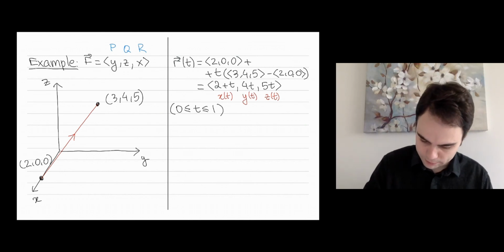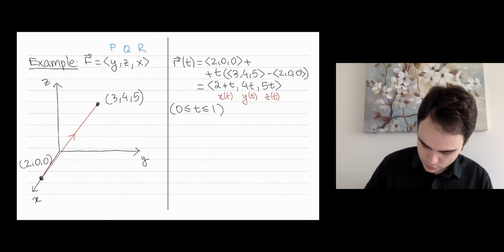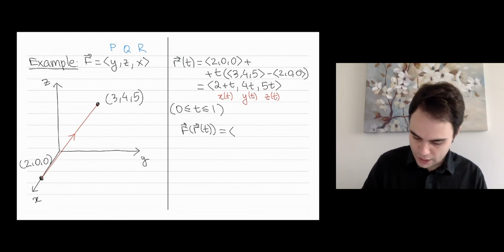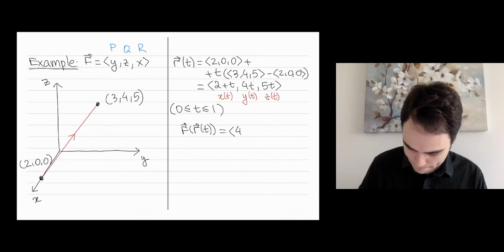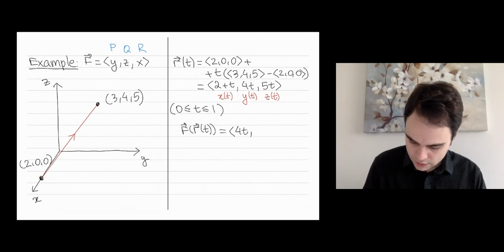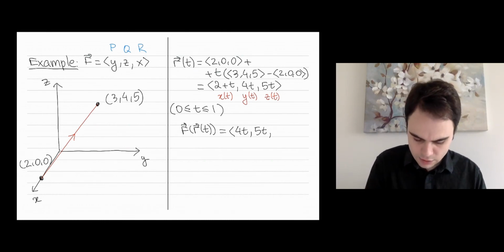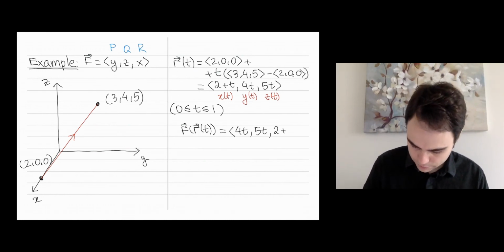So F of r of t: y is 4t, z is 5t, and x is 2 plus t.